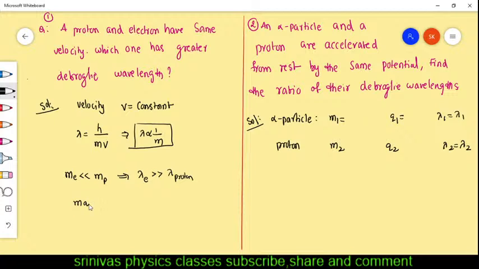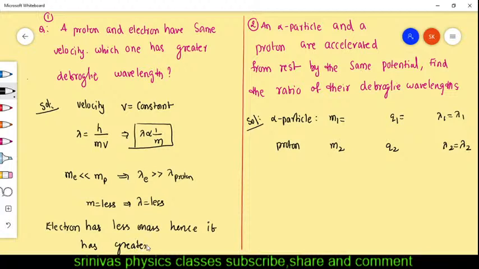Mass of electron is less. Mass is less means wavelength is more. Then in the given things, the electron has less mass. That's why it has more wavelength. Hence, it has greater wavelength.